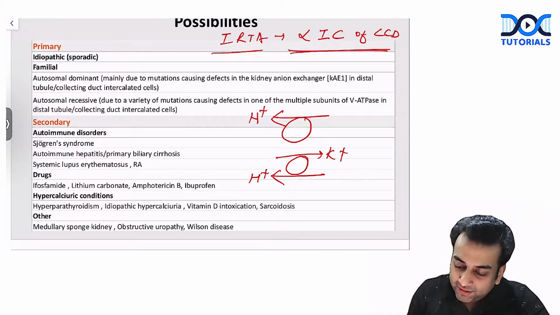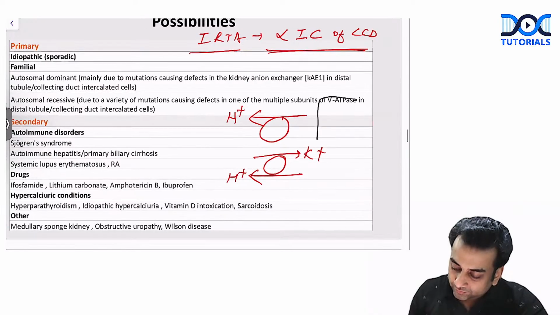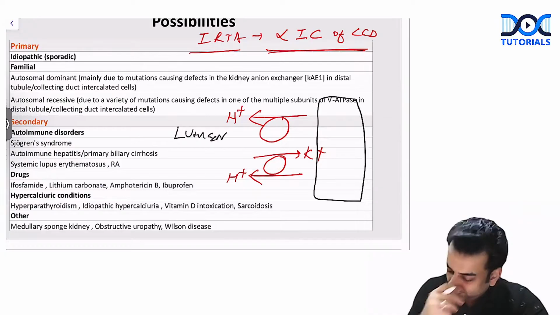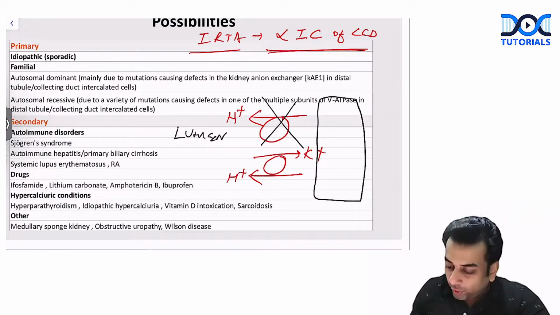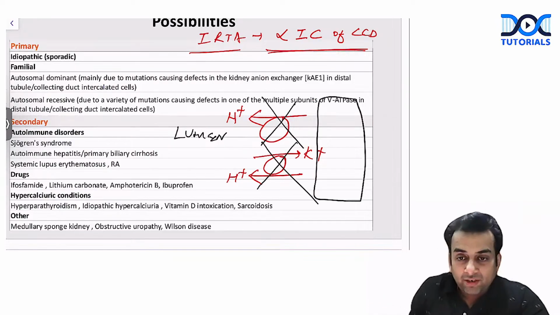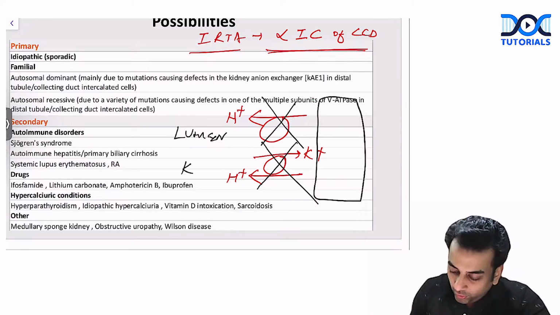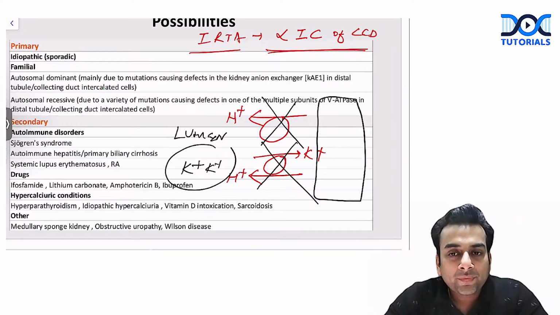This is the main channel of the alpha intercalated cell, and this is the lumen. So if this channel is defective, there will be no acidification and all the potassium will be lost in the urine.